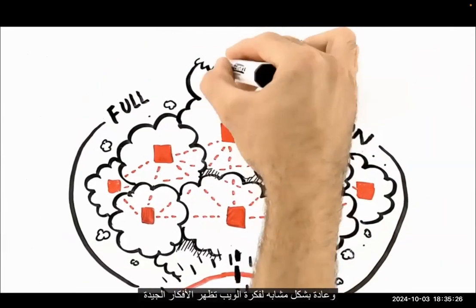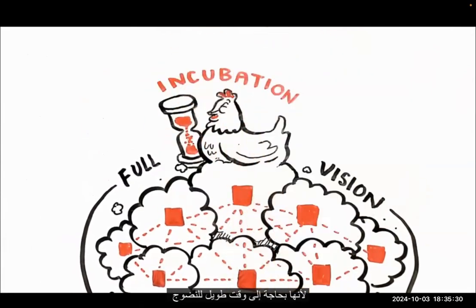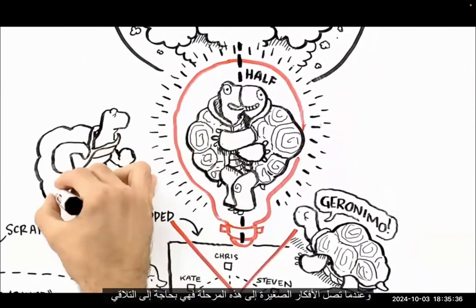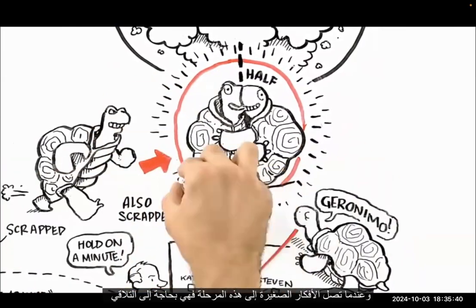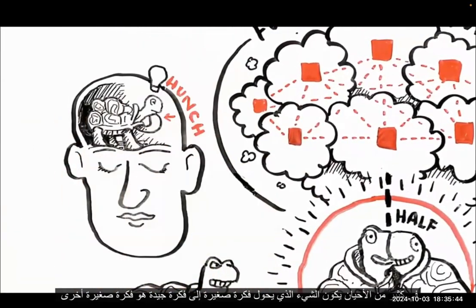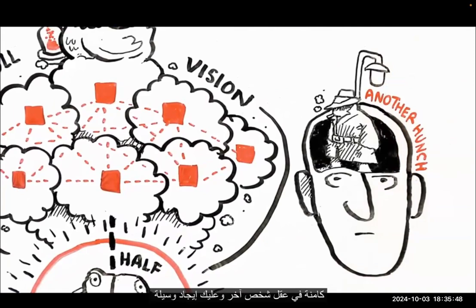That is, more often than not, how ideas happen. They need time to incubate, and they spend a lot of time in this partial hunch form. The other thing that's important when you think about ideas this way is that when ideas take form in this hunch state, they need to collide with other hunches. Oftentimes, the thing that turns a hunch into a real breakthrough is another hunch that's lurking in somebody else's mind.